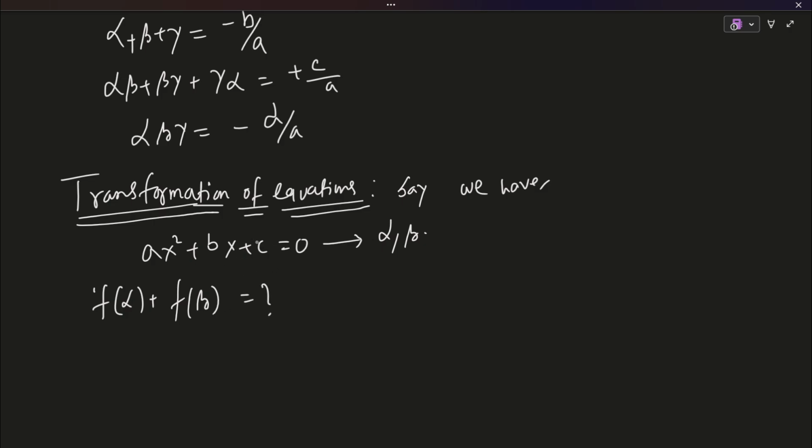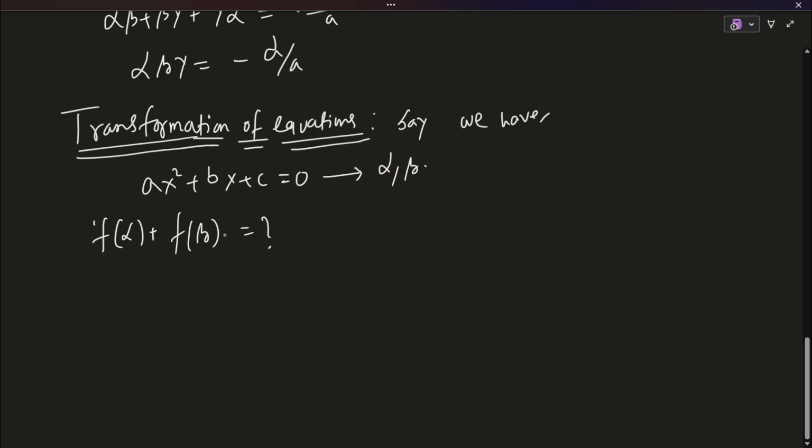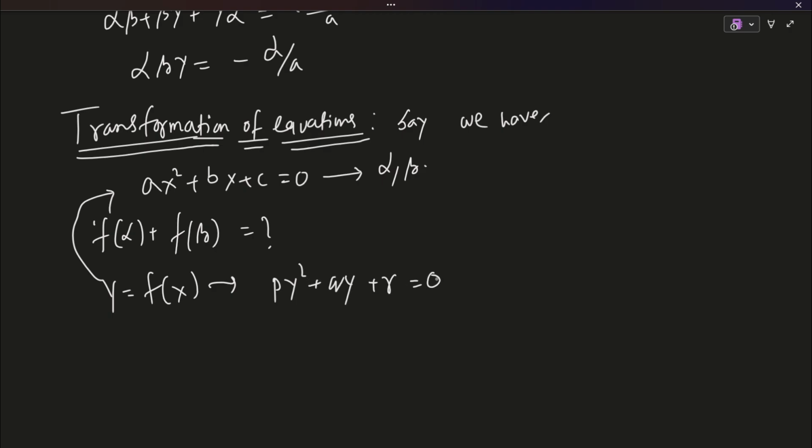What do you do? So you can either calculate the value of f of alpha plus f of beta based on Vieta's relations, which is alpha plus beta and alpha beta, or you can do one thing. You can simply substitute y equals f of x here. If you substitute y equals f of x into this equation and make it into a new quadratic equation in y, which might look something like this: py square plus qy plus r equals 0.